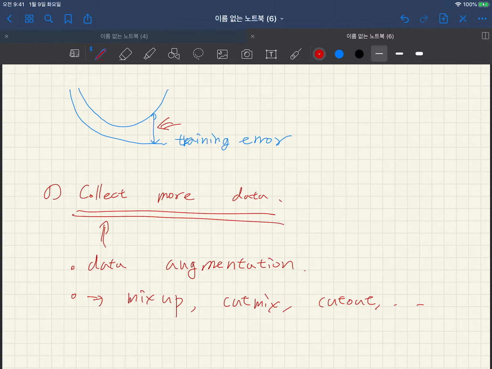Then the input picture does not exist in real life, but this can provide a very nice reference to train your neural network, and which can improve your generalization property, so we can expect a very small overfitting gap. So that is the first approach to solve the overfitting issue: either collect more data or introduce some data augmentation techniques so that it looks like there are many more data points.